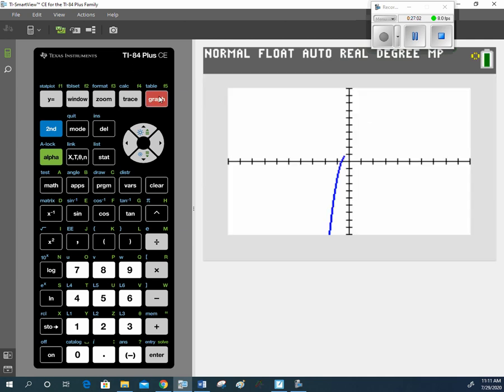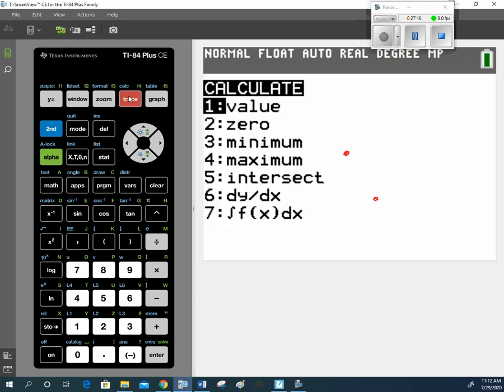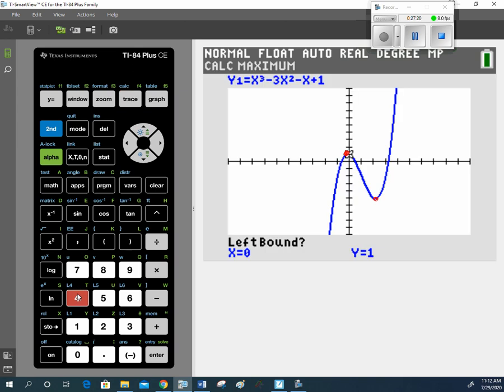Okay, hit graph. All right, so we need to find out what these points are right here. We've got a max right here and a min. You can find either one that you want first. So we're going to go back to calc. And I guess I'll do the max first, so number 4.